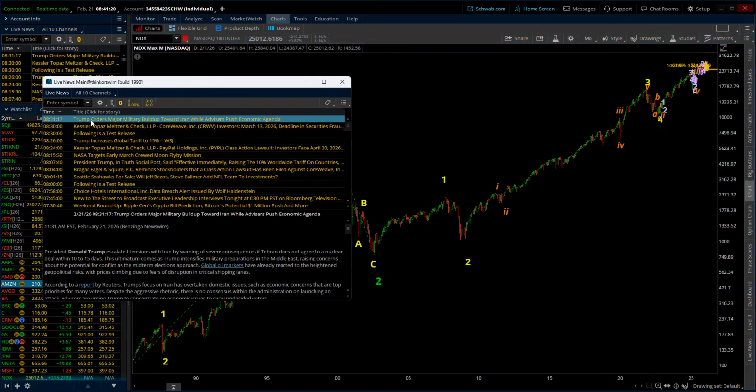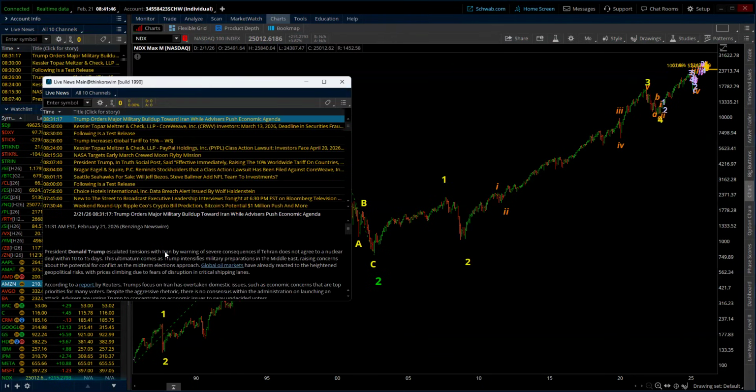So Trump orders major military buildup toward Iran while advisors push economic agenda. What economic agenda? What economic agenda are we pushing? Seriously, one that doesn't include us, obviously.